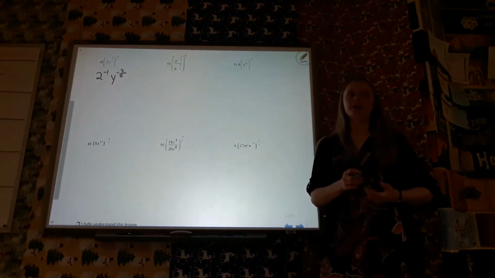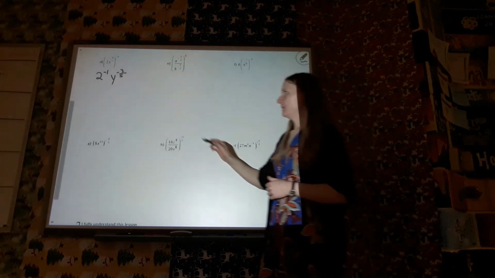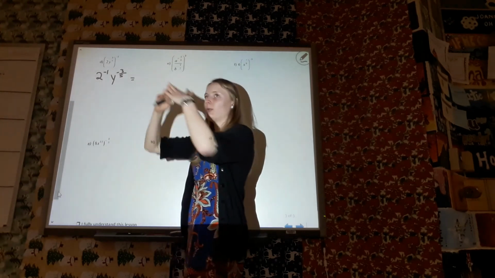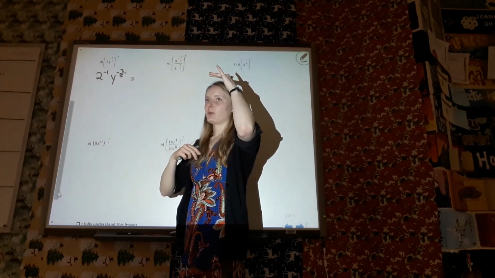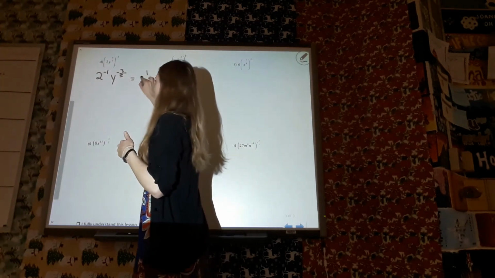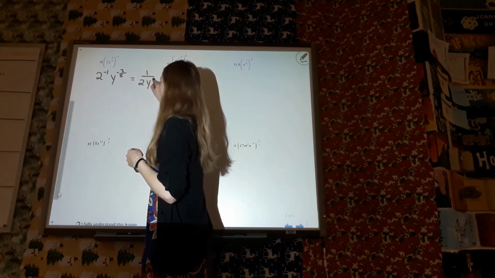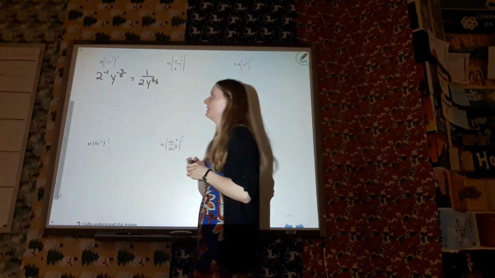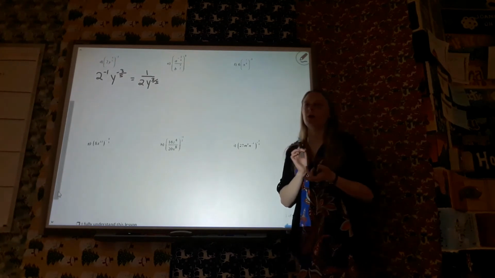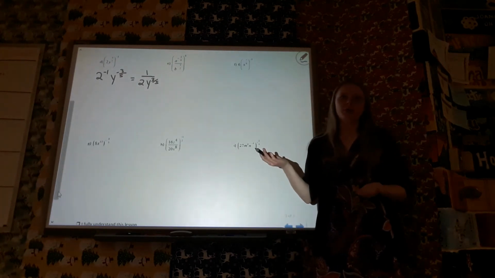Okay, both of them are negative. So 1 over 2 to the 1st. Because they're both negative, they're both dropping, but you still have to have something in the numerator. 1. Because it's 2 to the 1st power now, I'm going to ignore the 1. You don't have to write to the 1st power, it's just 2.